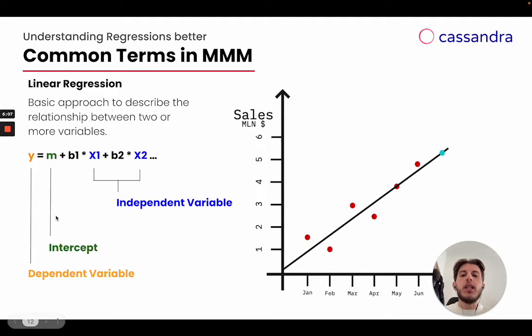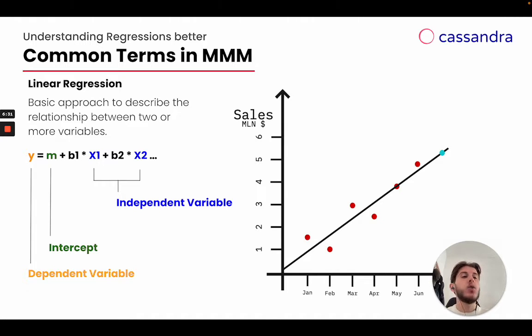Then we have this m. M is called the intercept. To make it as simple as possible, it is the point where this line touches the y-axis. So you see, it's not actually intercepting at 0. It's probably, I don't know, 0.2 maybe. And that represents what happens if I provide the model 0 on any other variable.